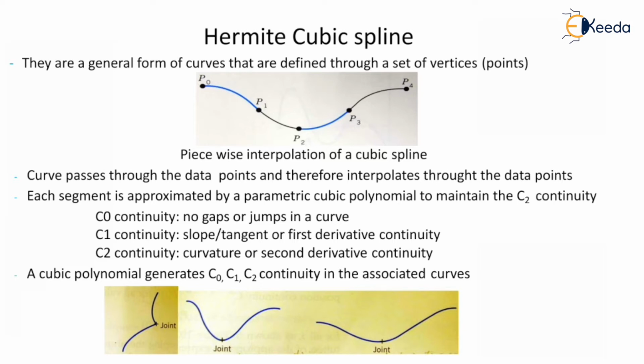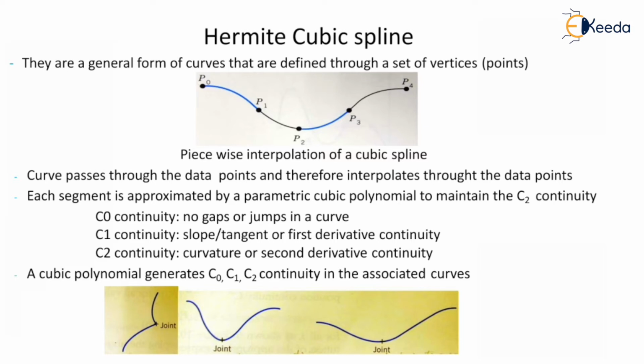Each segment is approximated by a parametric cubic polynomial to maintain C2 continuity. C0 continuity means there are no gaps or jumps in a curve. As shown in the first figure, there is one joint.